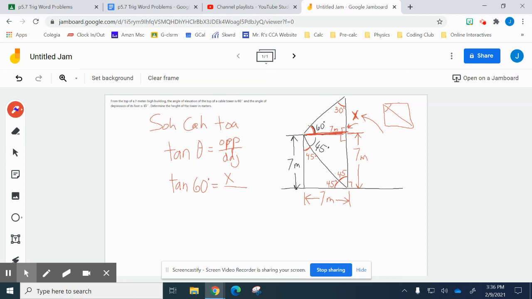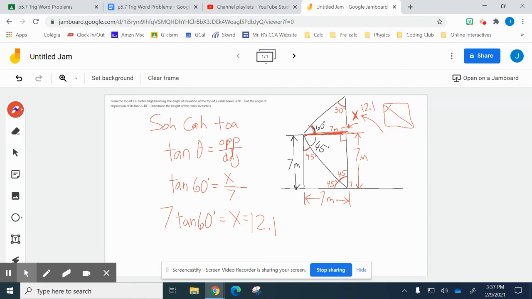So that's what adjacent means, is touching the angle. So that's 7. So then we'll multiply both sides by 7, and 7 times the tangent of 60 degrees equals x. What is that? That's what we have to figure out. 7 times the tangent of 60 degrees equals 12.1. So this piece up here is 12.1.